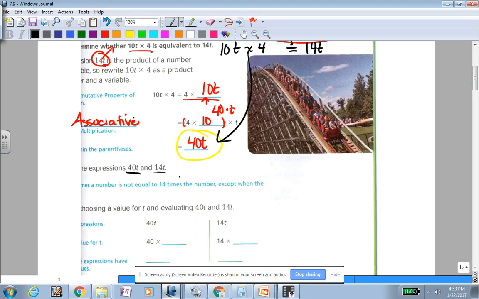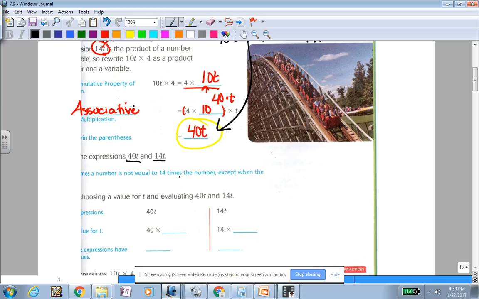But what if I took it a step further and justified it by choosing a value for t and evaluating these two expressions by substituting a number value? The number value I'm going to substitute here is 2. So now every t is going to equal 2. If I have 40t, that t now becomes 2.